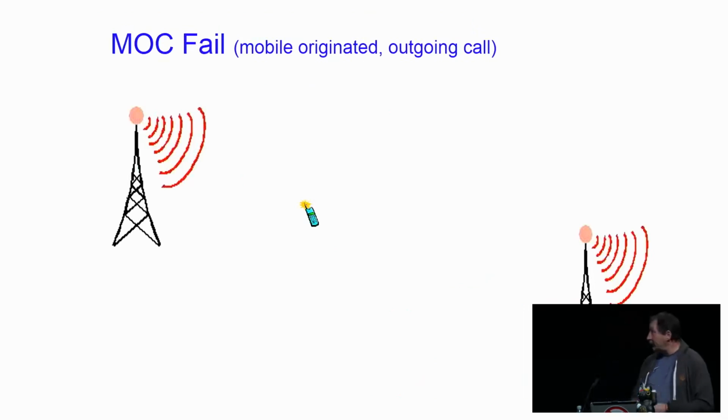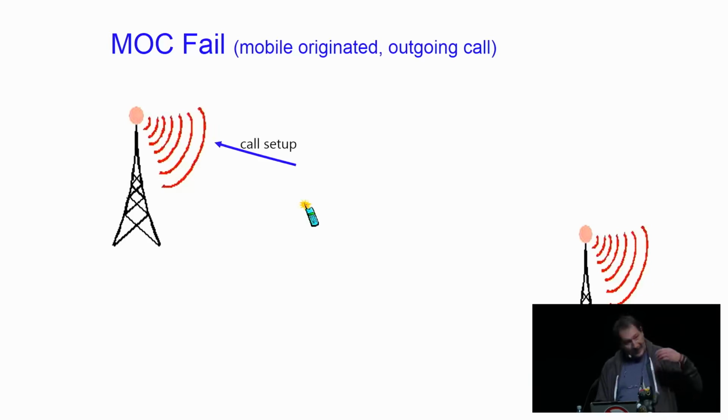So what happens if I want to make a call? I want to establish a call. First, I make a mobile originated call. The mobile device accesses the base station.